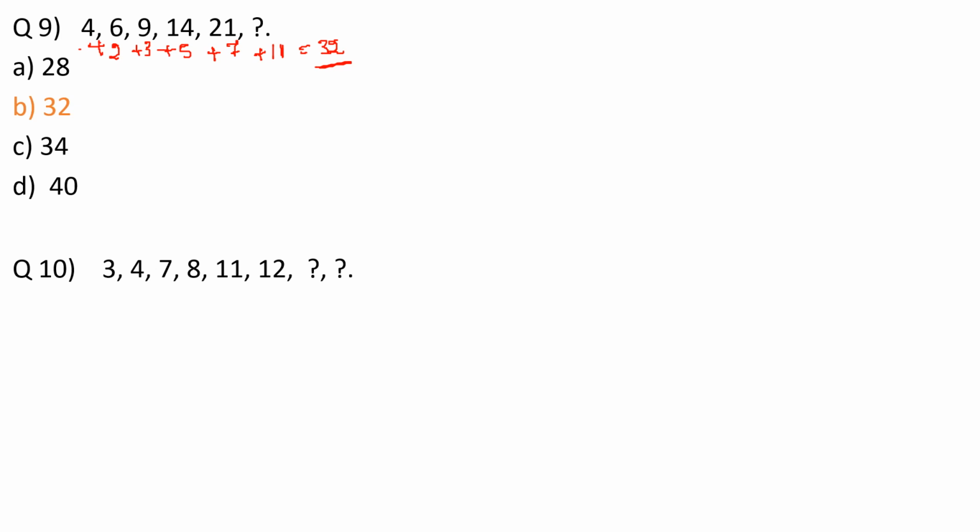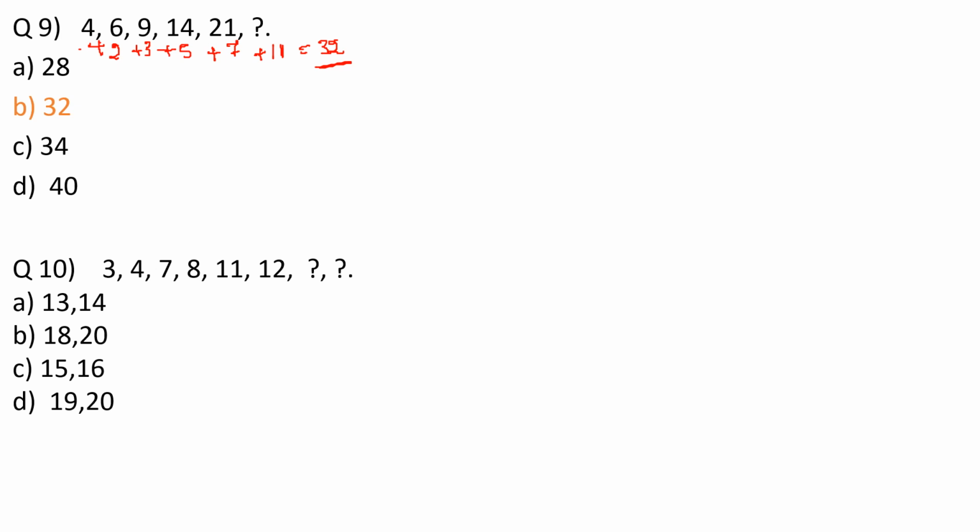Next question. 3, 4, 7, 8, 11, 12, and two numbers are missing here. We have to find two consecutive numbers out of all these options. Now, the difference between 3 and 4?